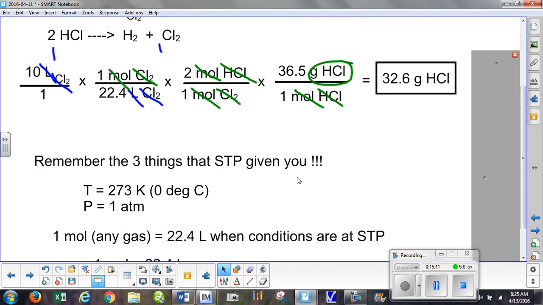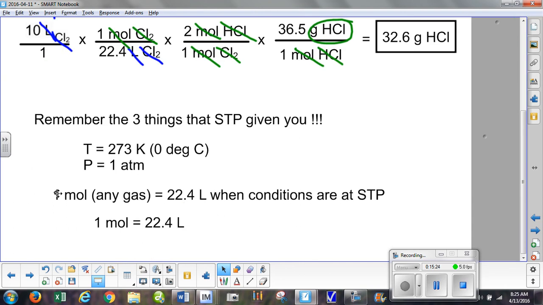And when you run the numbers, you get it that way. Okay? So here we are. Remember the three things that STP gives you. Temperature, 273 Kelvin or 0 centigrade. Pressure, 1 atmosphere. But 1 mole of any gas is equal to 22.4 liters when conditions are at STP. But we also have this gem, which is one of the things that I use to solve this problem right up in this area, okay?